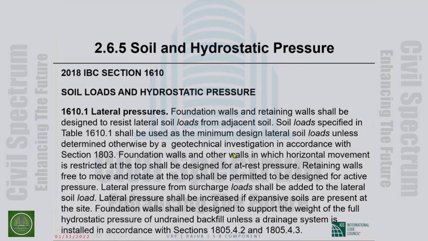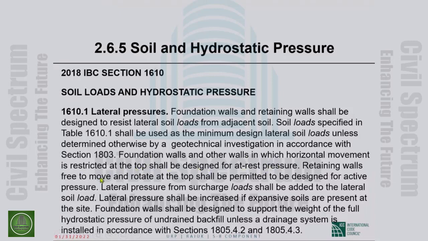Foundation walls and other walls in which, so please follow this closely, foundation walls and other walls in which horizontal movement is restrained at the top shall be designed for at-rest pressure, as it is called. Okay, so foundation walls and other walls in which horizontal movement is restricted at the top shall be designed for at-rest pressure.